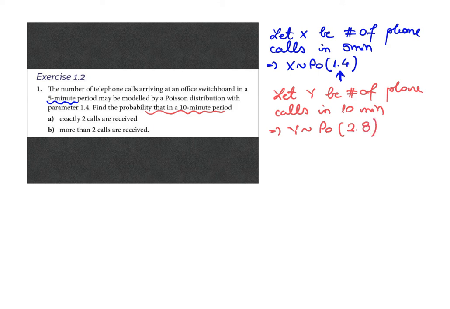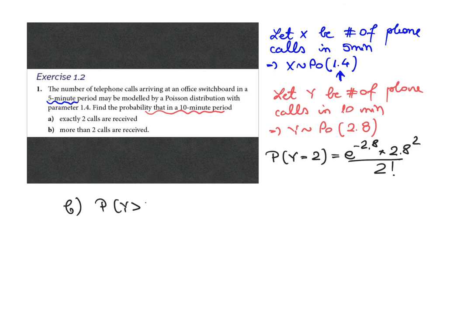If I have 1.4 phone calls as an average in 5 minutes, in 10 minutes I'm going to have 2.8, double. So the question asks the probability of Y being 2. So it's e to the power of minus 2.8 times 2.8 squared over 2 factorial. And the second question asks me the probability of Y being more than 2. So I will let you try yourself.